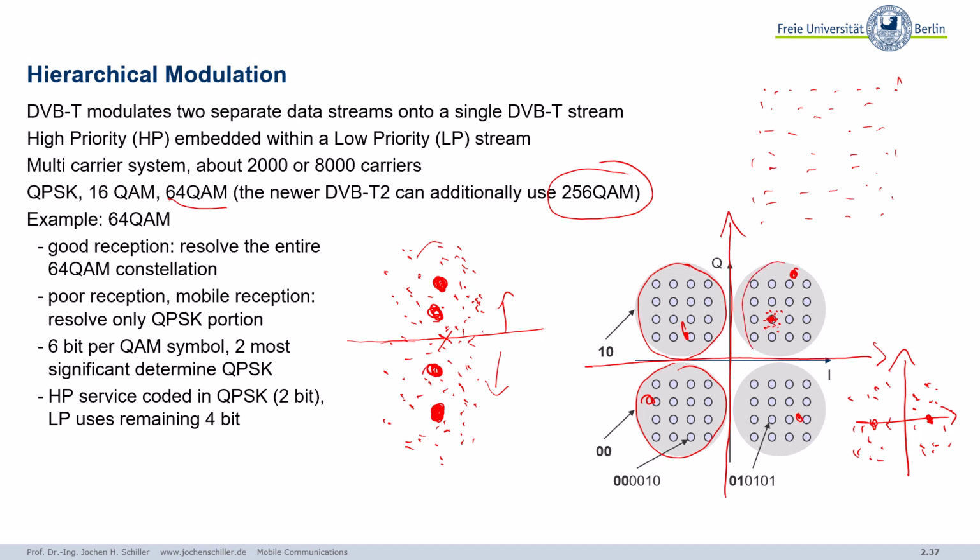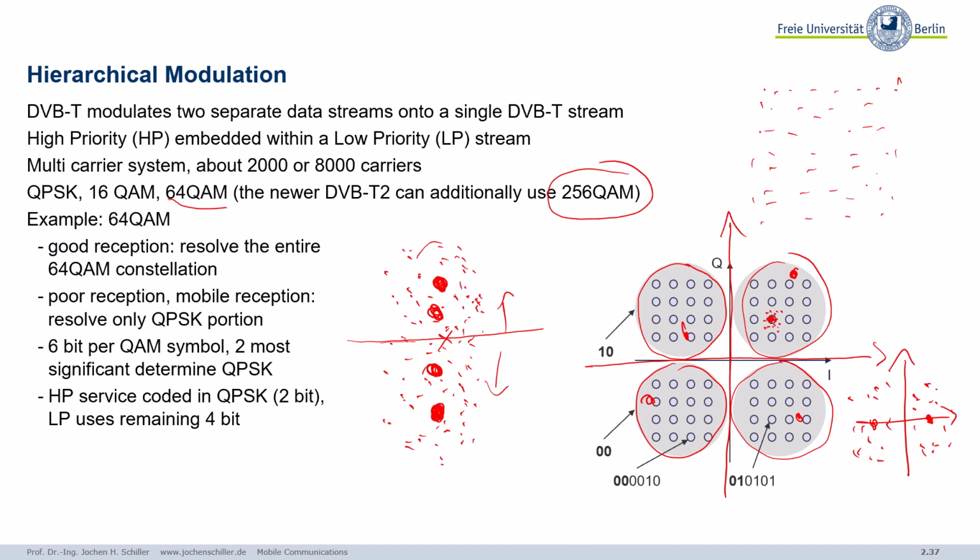So at least, no matter if it rains or snows, you will be able to receive at least this kind of upper right, lower right, this QPSK. That means in perfect reception, 64-QAM, under poor reception, at least QPSK.